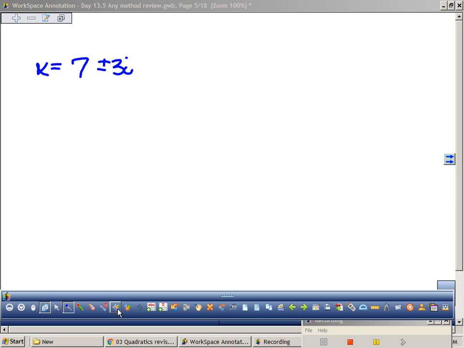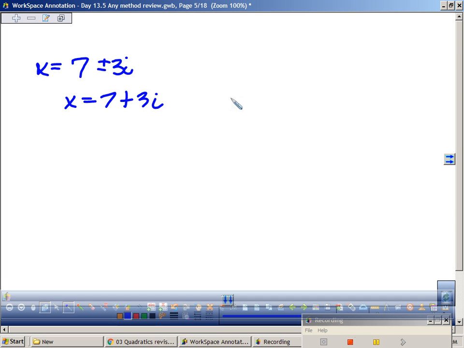All right, so I'm going to do the same exact thing. I'm going to look at them separately. x equals 7 plus 3i, and x equals 7 minus 3i. If I were to subtract everything, so I have a 0 on one side, it would be x minus 7 minus 3i equals 0.